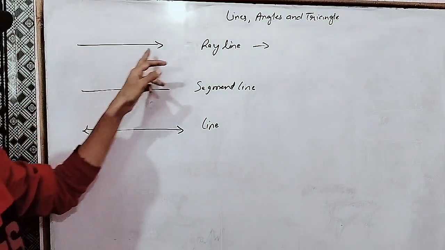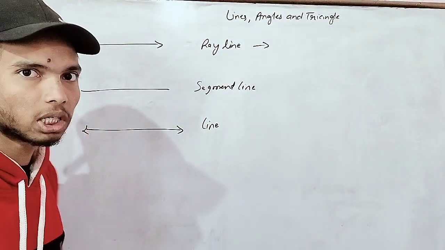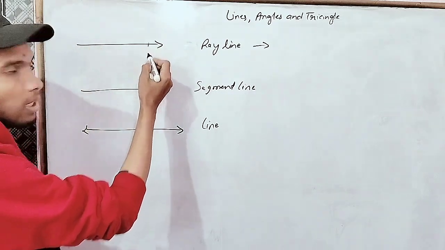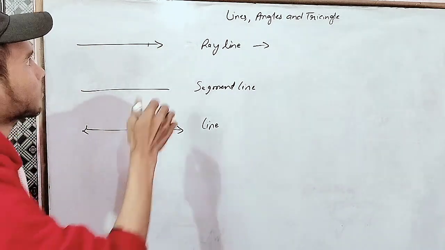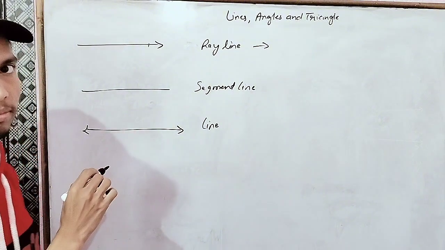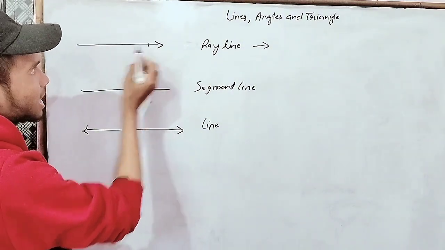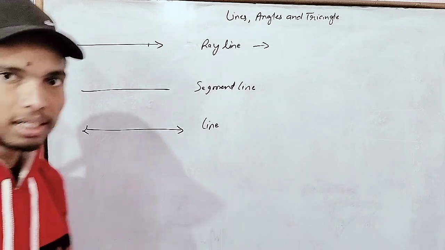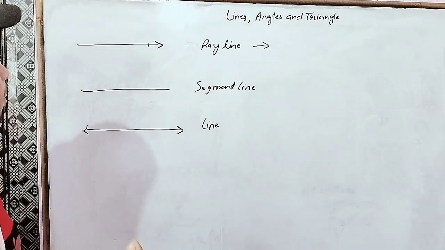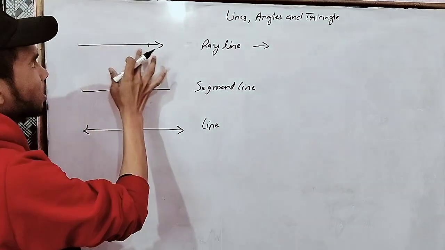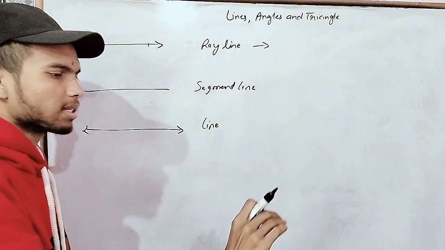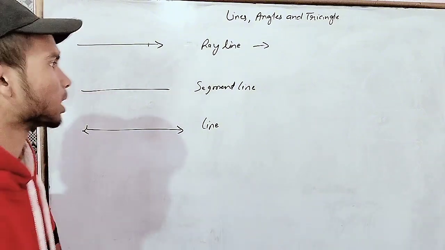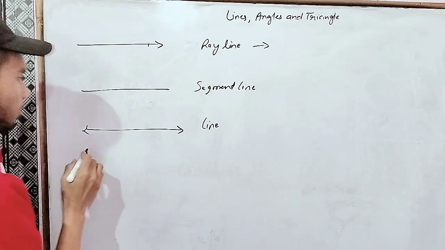But here we can't say that. If we want to indicate the distance from here to here, we will use this type of end mark. This hint tells us that the distance from here to here is something, and it will be determined in something. Clear?